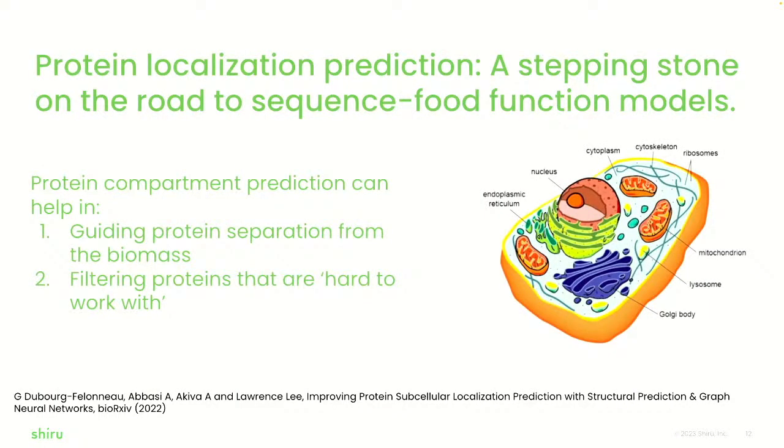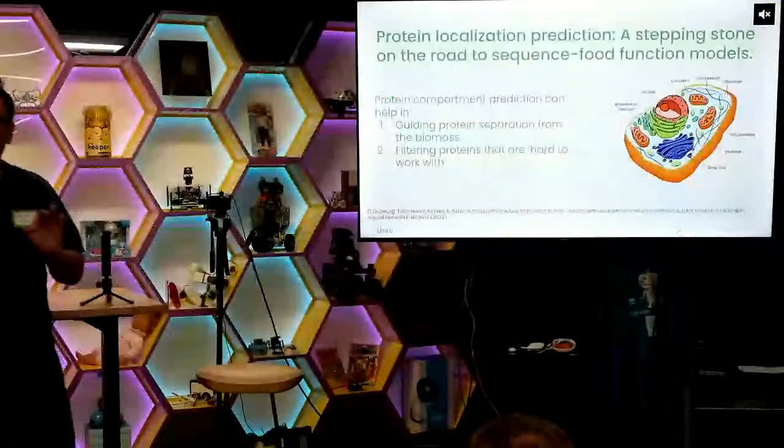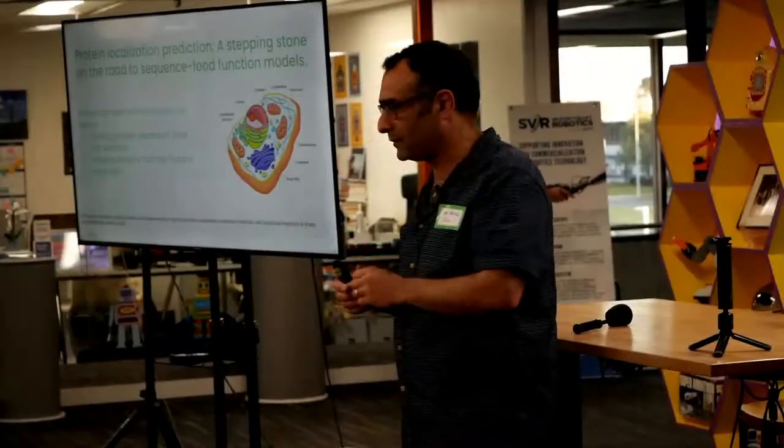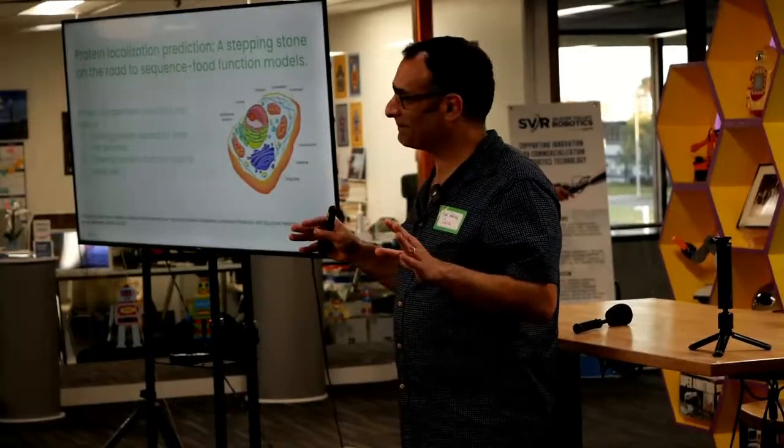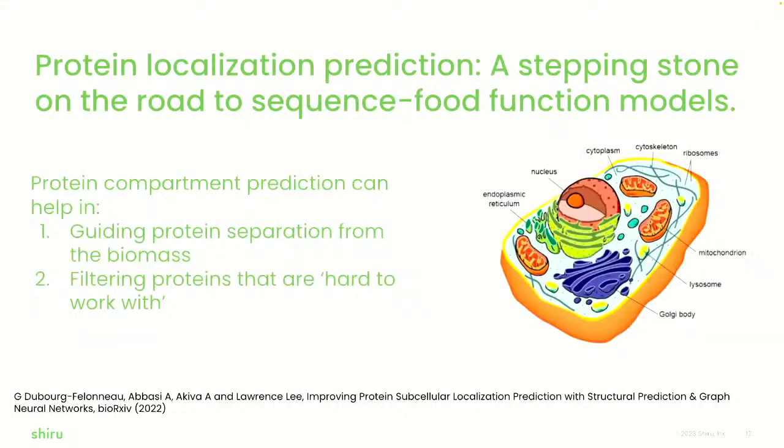One of the things that I want to dedicate 5 minutes to is one of these components along the path from sequence to function in food, which is protein localization. It's an old problem, quote unquote.